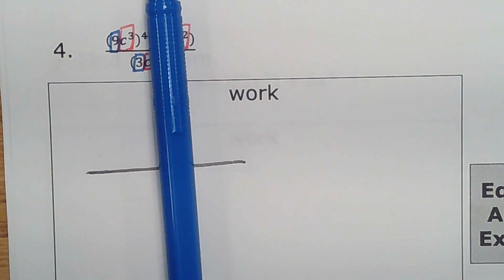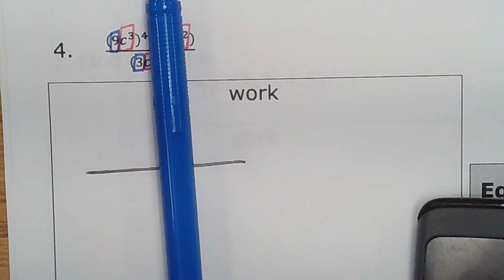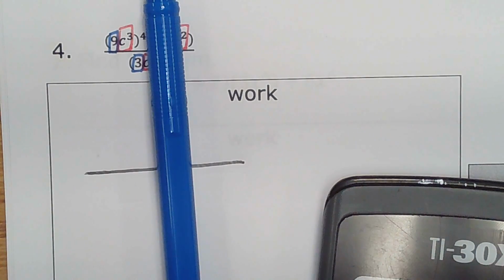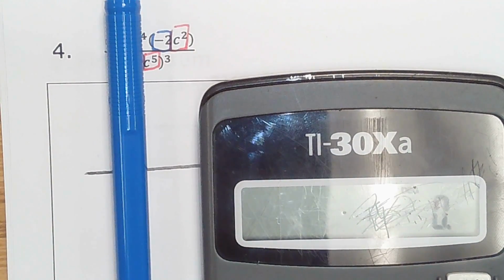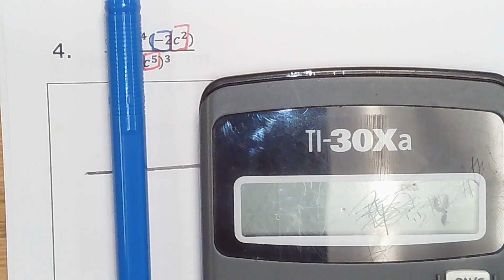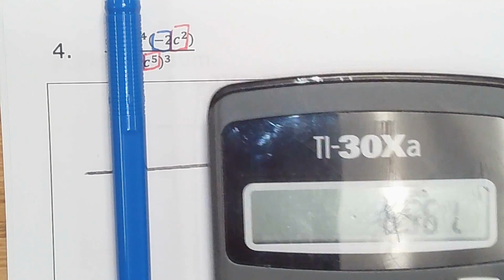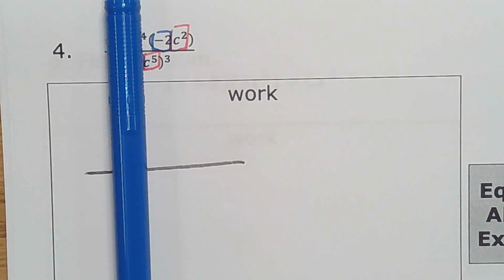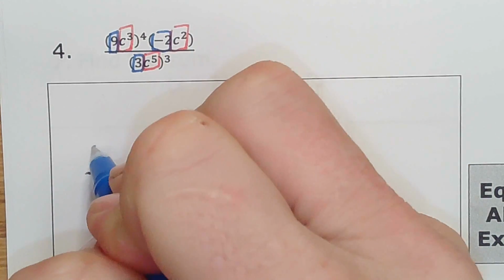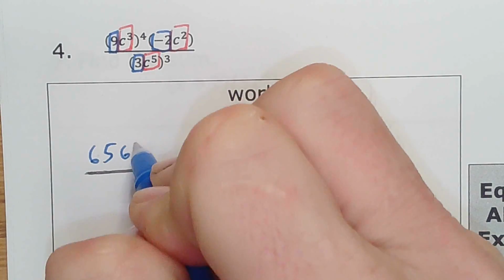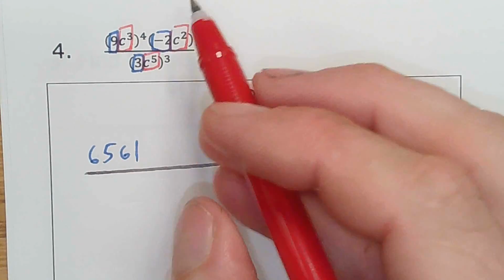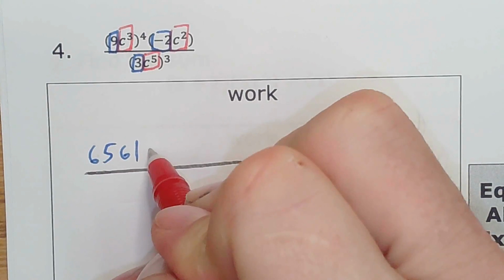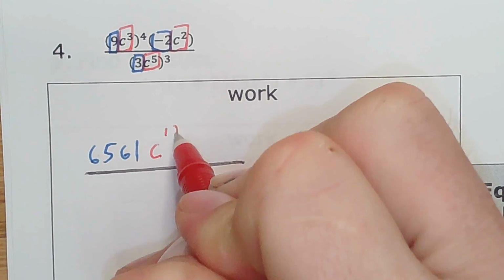It turns out I have not memorized what 9 to the 4th is. So 9 to the 4th is 6561, and then c cubed to the 4th, you multiply the exponents together, is going to be c to the 12th.